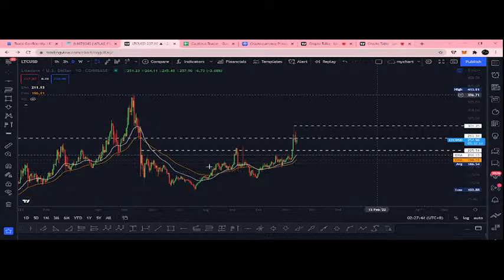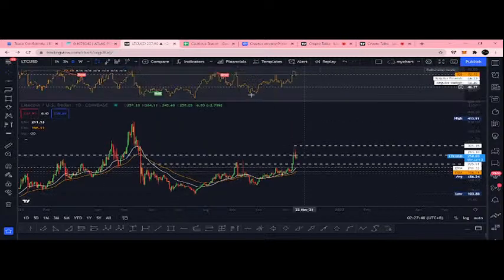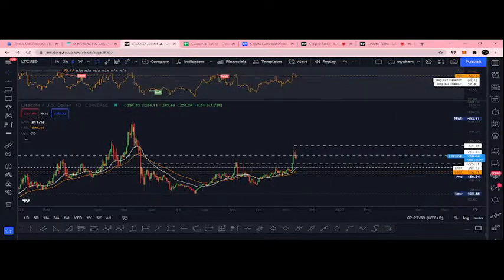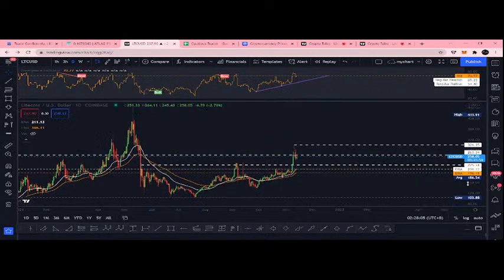So anyways, what else can I use here? Let's look at this one. Though medyo critical pa siya. RSI at 70.